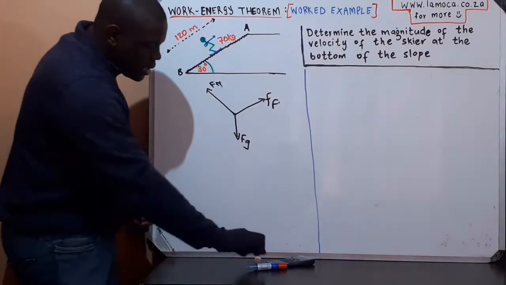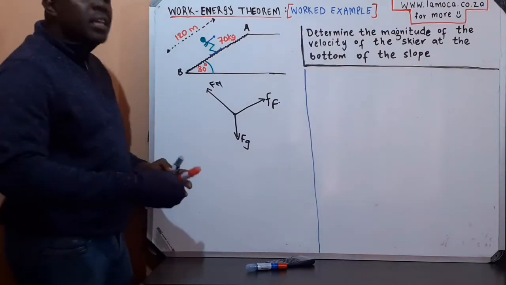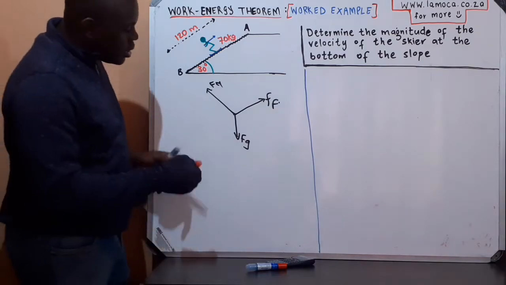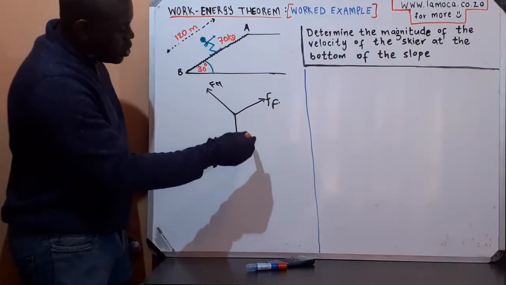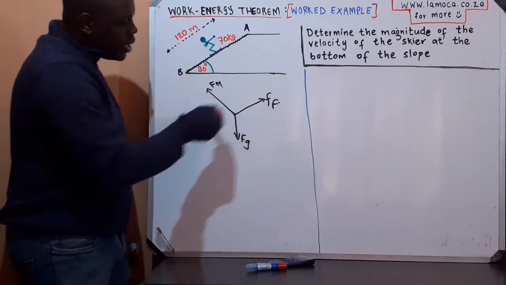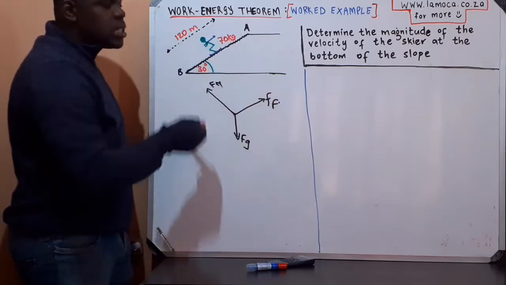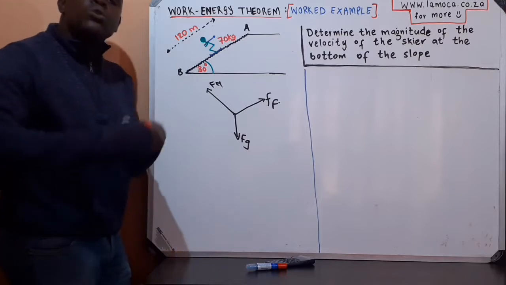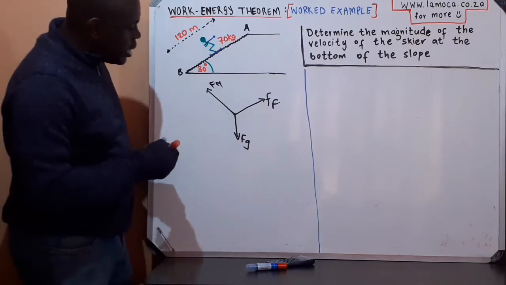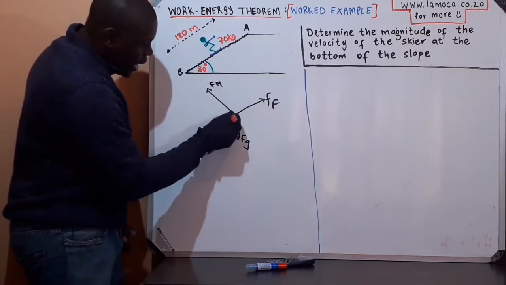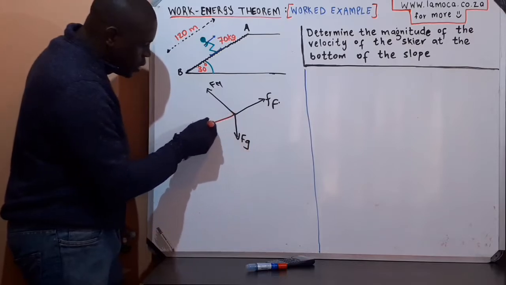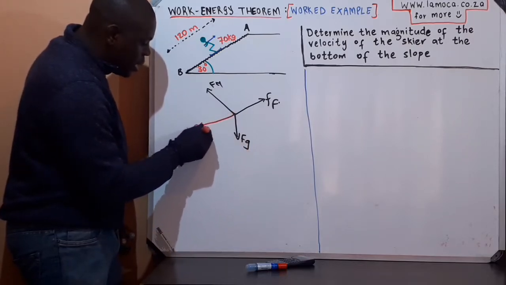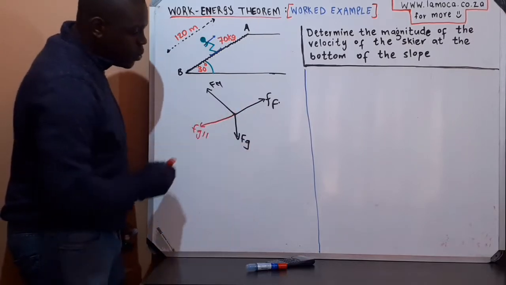Now, just for interest, which makes things easier, you can look at this gravitational force and say, okay, it's not on the line of action, which means it's not on the axis in which the skier is moving. So let's take this gravitational force and resolve it into its components along the incline. It's going to have a component here, which we're going to call FG parallel, because this component is parallel to the incline.